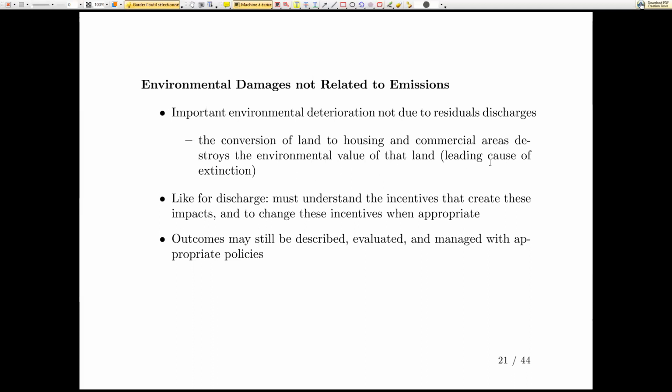That's the leading cause of species extinction around the world. One of the big places where it's happening right now is for agriculture.